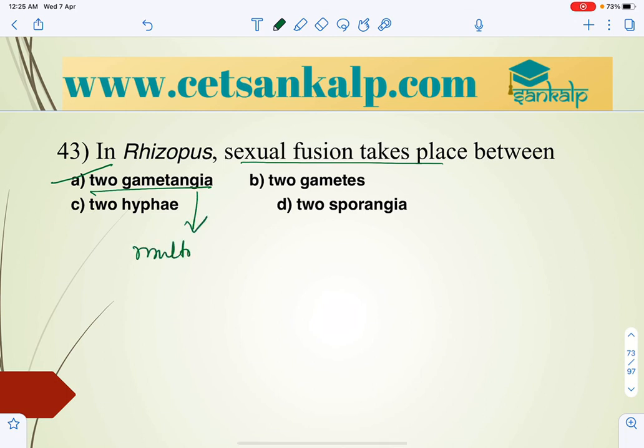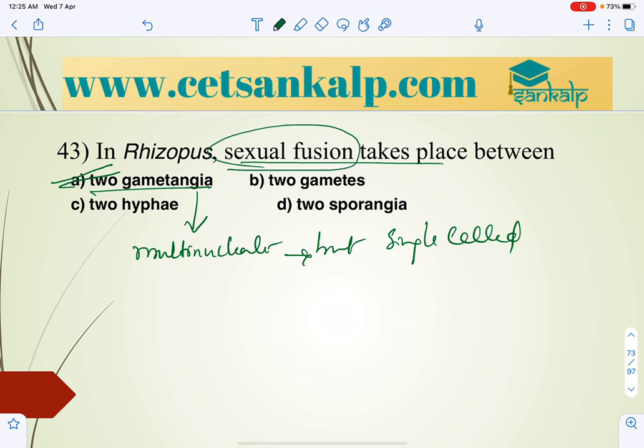These are multinucleate, with many nuclei. So two gametangia are involved in sexual fusion. That is where we can say isogamous, and in the case of Rhizopus the gametes are non-motile.